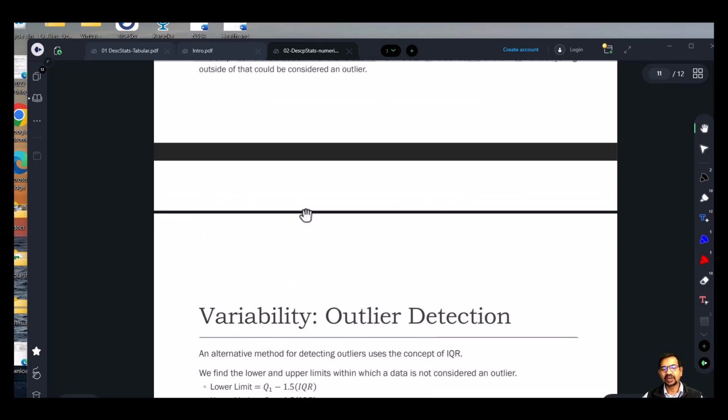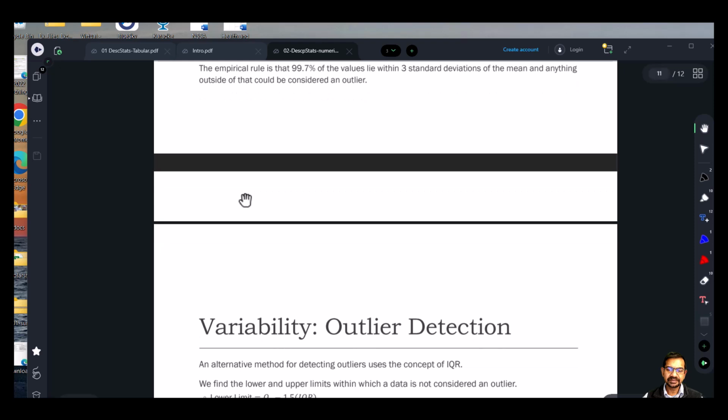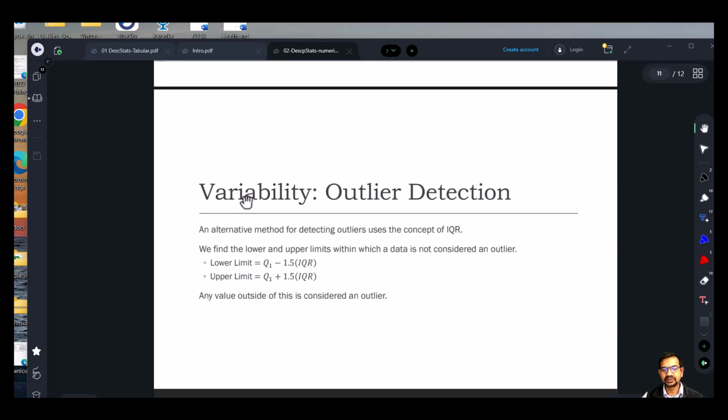So one measure of outliers was the z-score, anything above or below an absolute value of 3. And then an alternative approach, which we will again see in the chart that we had a little while ago, is that we can look at the difference between the first and the third quartile, the IQR. That gives us limits for the outliers in terms of the percentiles.